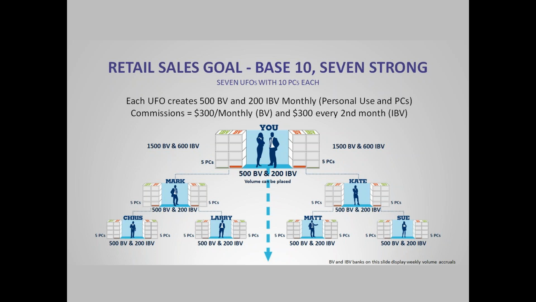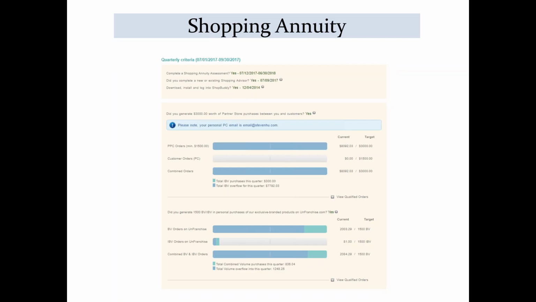Everybody goes out and makes it happen, develops their customers, changes their buying habits, and you will see the flow of BV and IBV to a point you can't imagine, coming in passively. That's what we want, this passive income. Okay, and that's where the shopping annuity is: if you go to your back office and check the shopping annuity, it will tell you if you meet it.